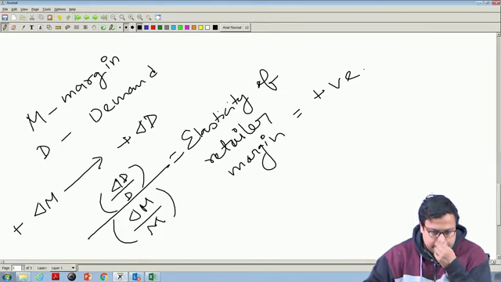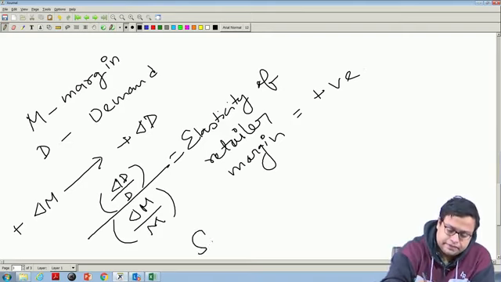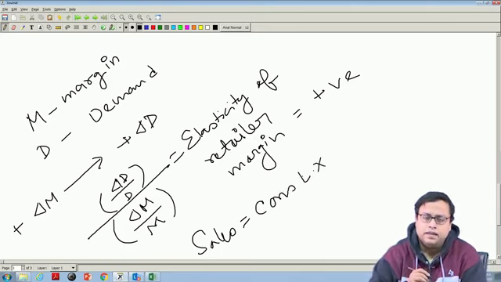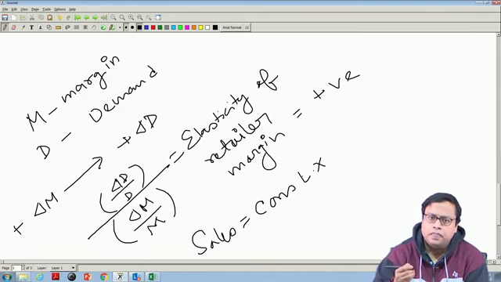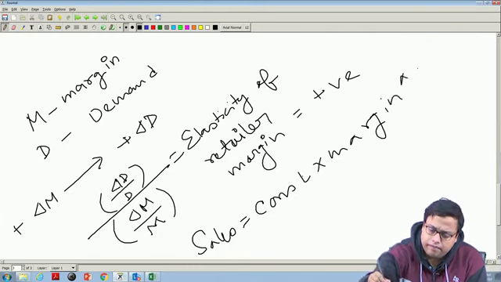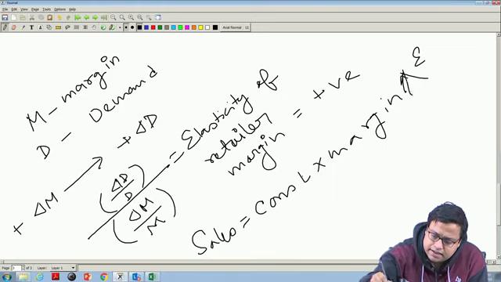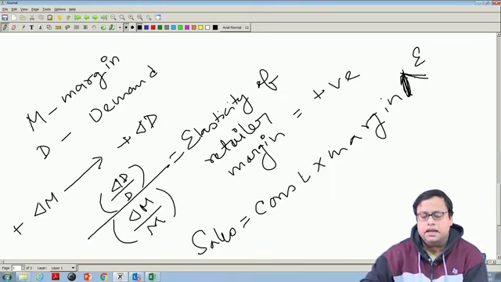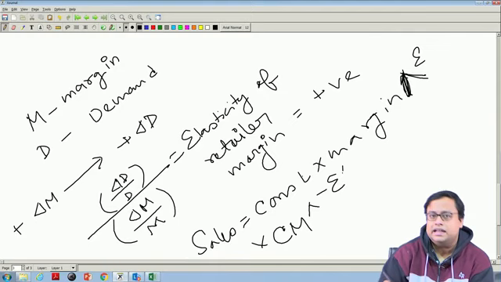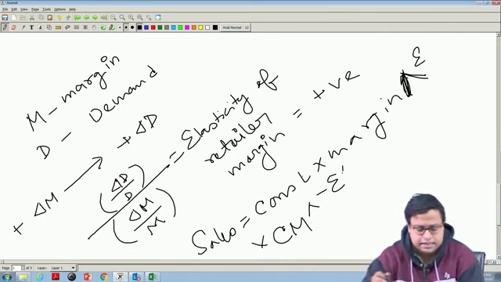So, if the retailer margin is positive in this case, then my sales will be some constant into margin to the power elasticity, E. Okay. Margin to the power elasticity. And the moment it is the competitor's margin, let us say Cm, to the power minus elasticity E dashed, because it is the competitor margin's elasticity. So, all these things can be brought up.